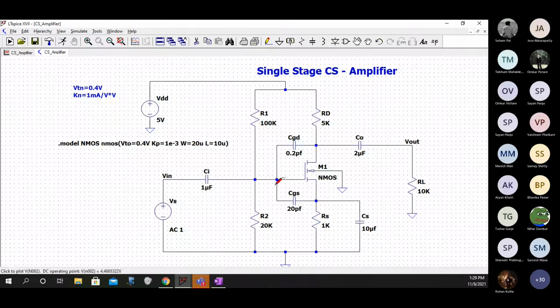So these capacitances are inter-electrode capacitances. In an ideal case, you will not be able to change them, but yes, we can determine what their value should be so that my high frequency graph is in a proper range.